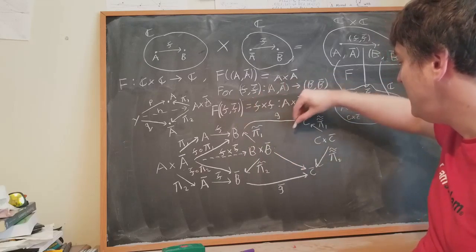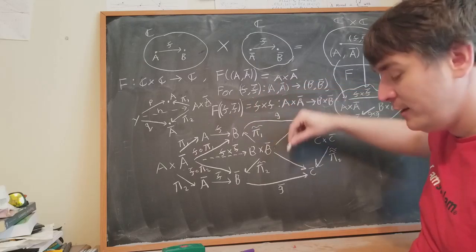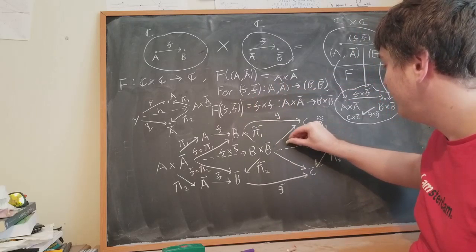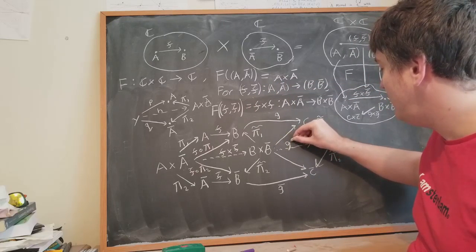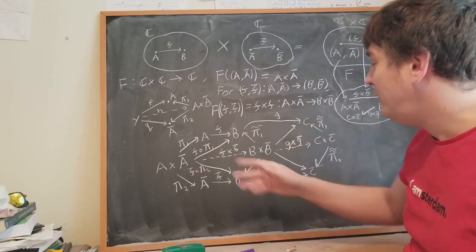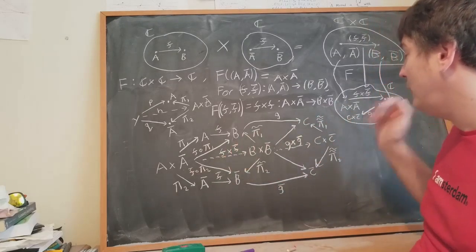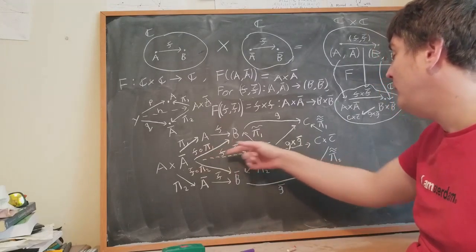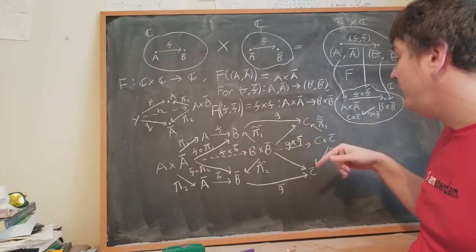If we go along here and here, we get an arrow like this. So there's G times G bar, and we simply compose these arrows. That's all we have to do. Composing these arrows is straightforward.